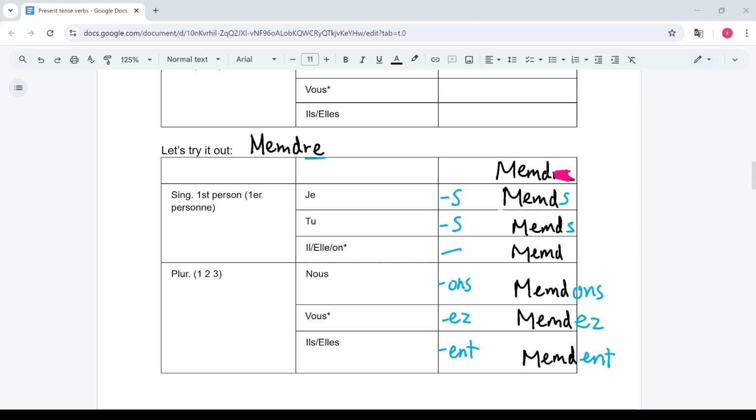We're left with je mends, tu mends, il, elle, on mend, nous mendons, vous mendez, et il, elle, mendent. And there you go. This is how we conjugate regular verbs in present tense, also known as présent de l'indicatif.